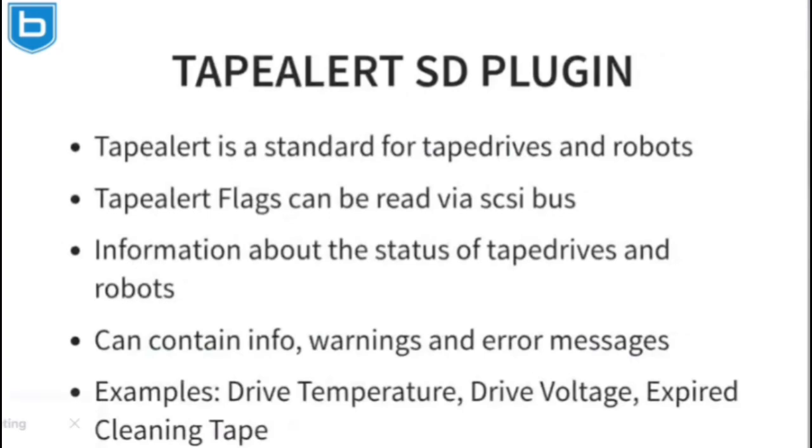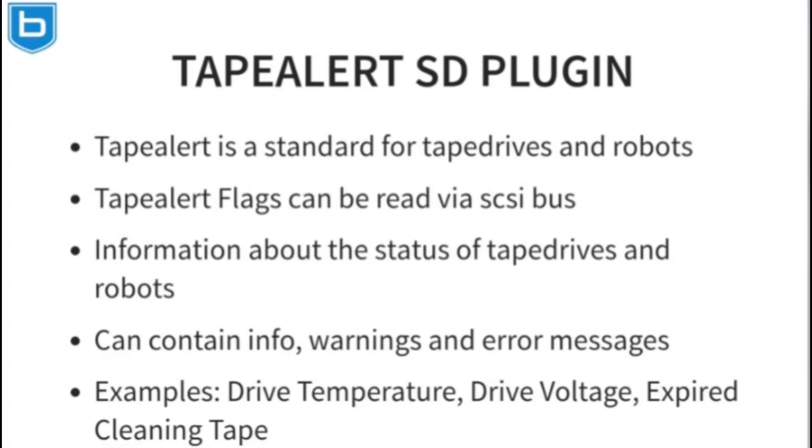Good. Another nice plugin we have now. So for everyone who is using tape drives, until now, okay, let's start the other way around. Let's talk about what tape alerts are. Tape alert is a standard for tape drives and robots, and it is a message channel, if you wish, that can give the backup software information about the status of tape drives and robots.